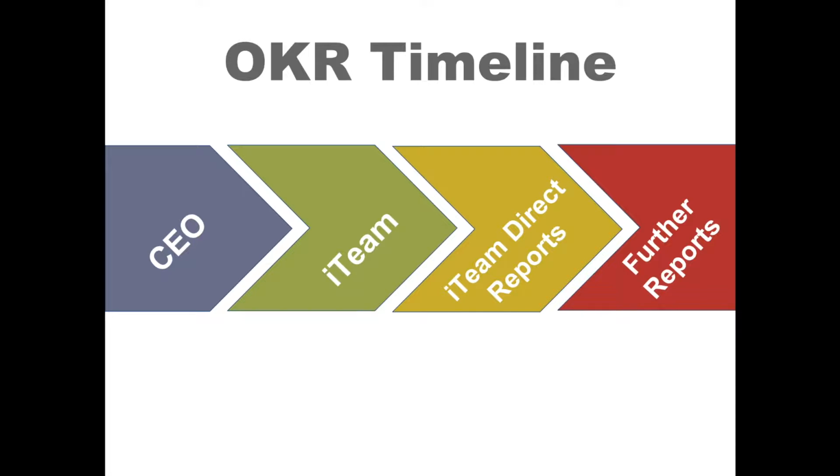So if you look in any of the documents, you'll see under some objectives, it'll say child of, and it'll say a different objective. Not every individual's objectives are children of other people's objectives, but a lot of them are. So they kind of cascade up. Then the I team creates theirs, and then anyone that directly reports to an I team member, and after those have been completed, any further reports from those people.